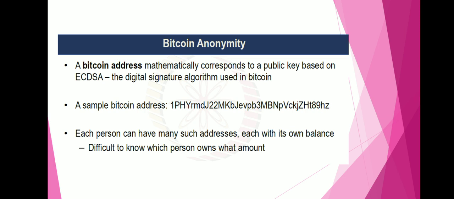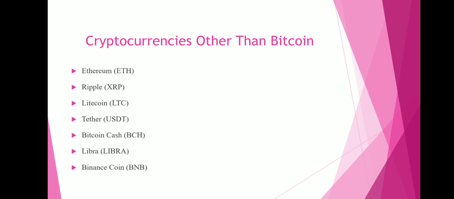Each person has many such addresses, each with its own balance, so it is difficult to know which person owns what amount. Other people cannot know the account balances of a Bitcoin wallet in the Bitcoin network; that is confidential.